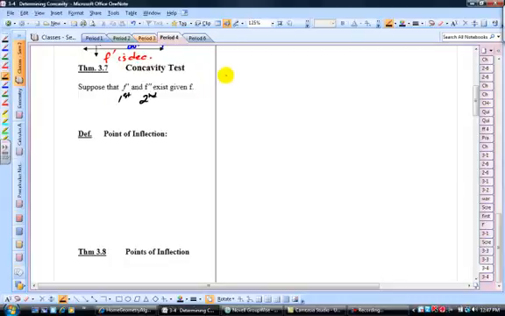Okay, if that's the case, then we say that if f double prime, which is just the second derivative, is greater than 0, and I'm specifically saying there that it's positive. That's a fancy way of saying if the second derivative is positive, for all x on a particular interval, we'll call it interval I, or you can say from a to b.